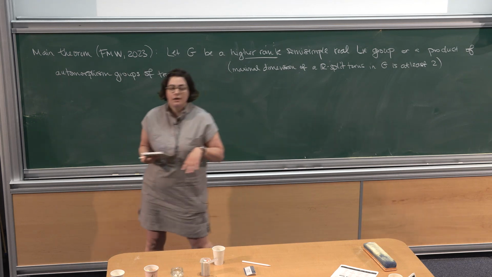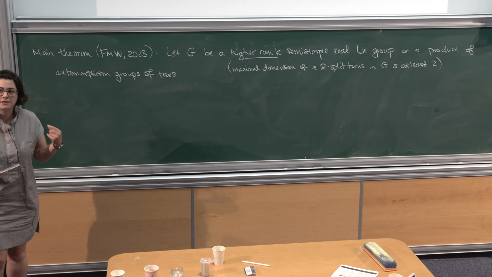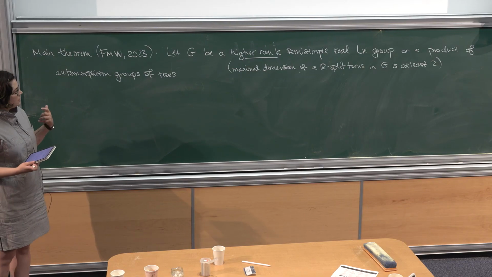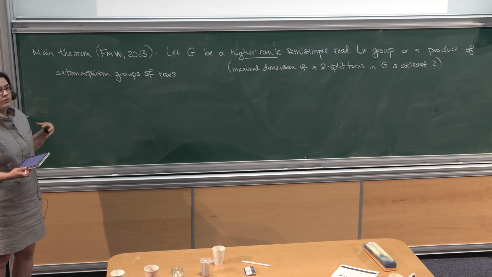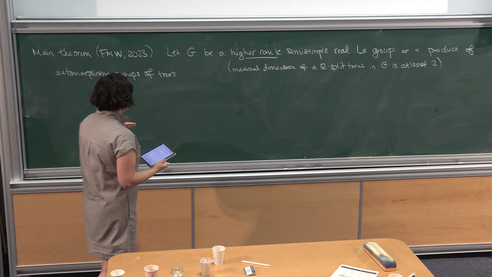These trees are regular trees. Each vertex has the same degree. That degree is at least 3, and we're considering finite products with at least 2 factors.